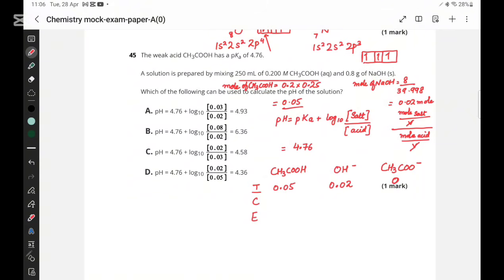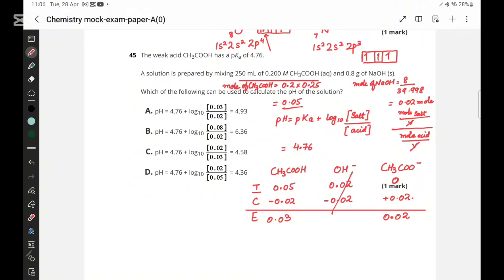But as they are combined, they react in a 1:1 ratio, so the change is going to be minus 0.02 because this is the limiting reactant. This is also minus 0.02 and this is plus 0.02. So at equilibrium it is going to be 0.03, which is acid, and this is going to be 0.02, and this cancels out.